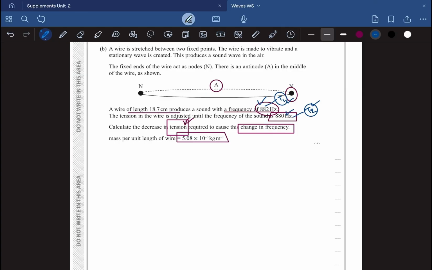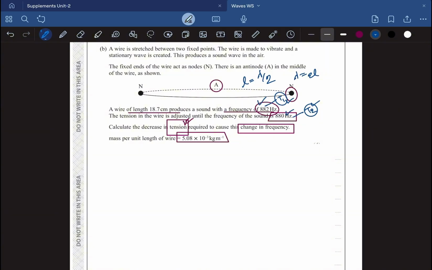So to figure out the tension, we know we have the length, and as it includes only one loop, as we have practiced before, it will have a length of lambda by 2, and we know lambda is equal to 2L, right? Lambda is equal to 2L.